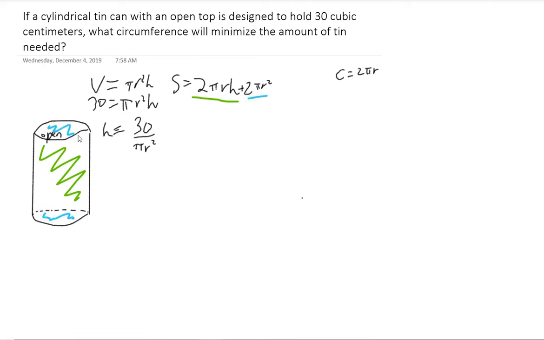Now we have to pay super close attention because look, one of the parts is open on the can. There's no top circle, if you will. So what that means is this value, the blue value, has to be cut in half because there's only one. So S equals 2 pi r h.